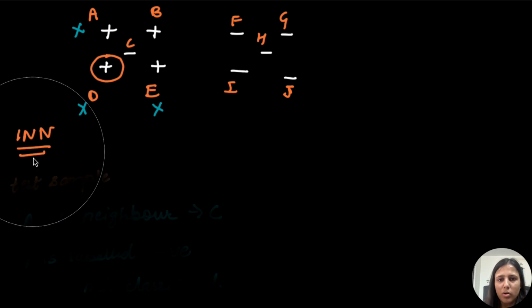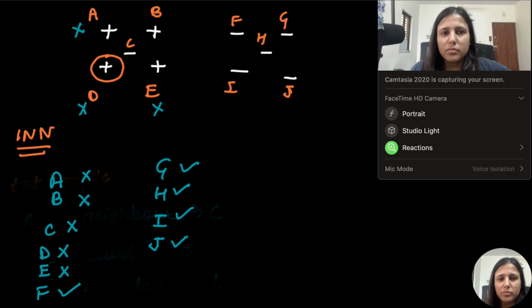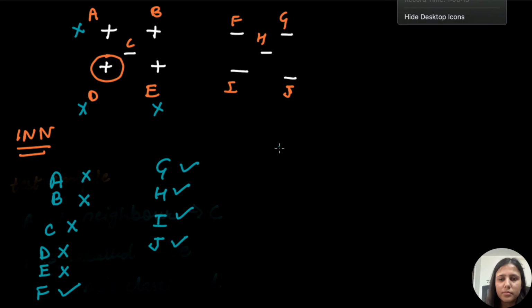So let's talk about all of these samples: A, B, C, D, E, F, G, H, I, J. A is not correctly classified, B is also not correctly classified, C is not correctly classified, D is also not correctly classified, and E is also not correctly classified.